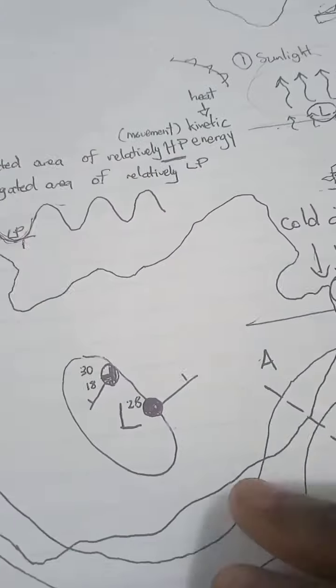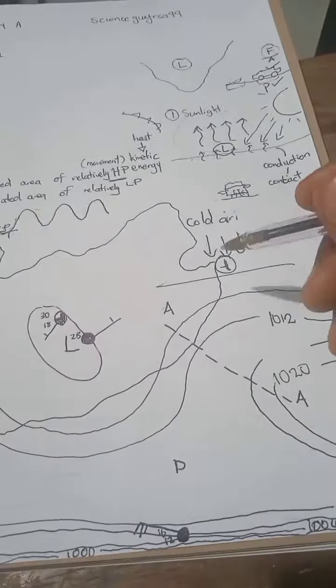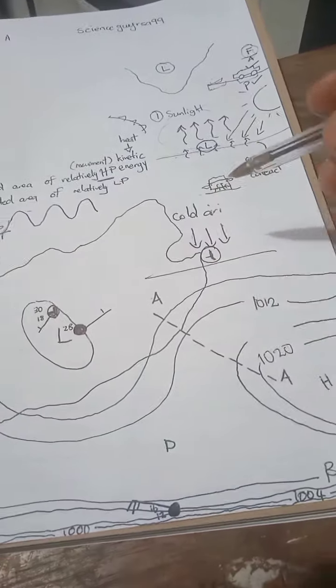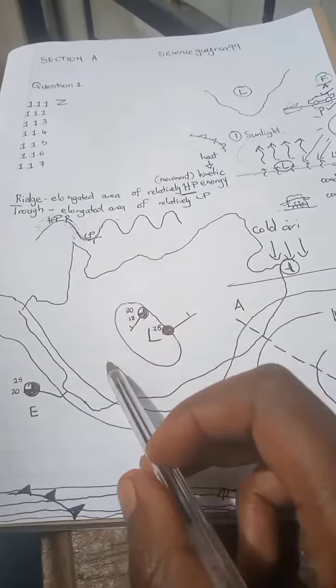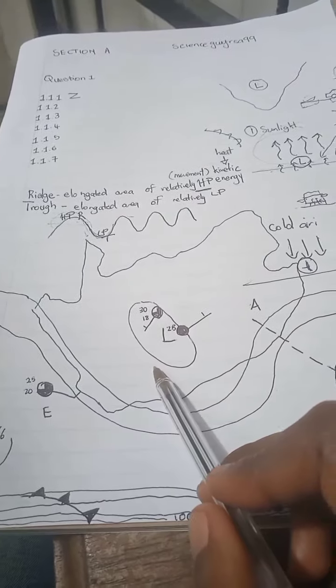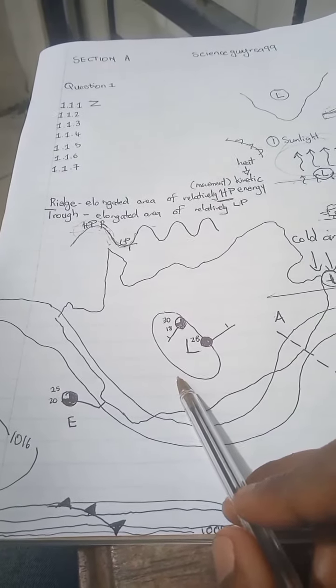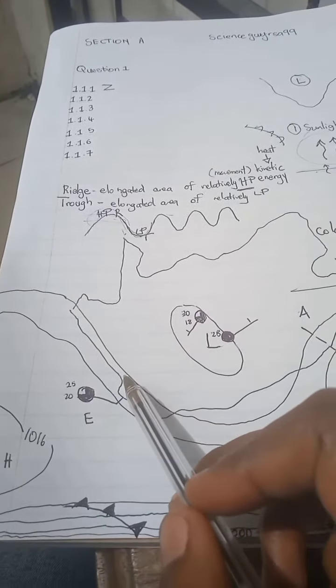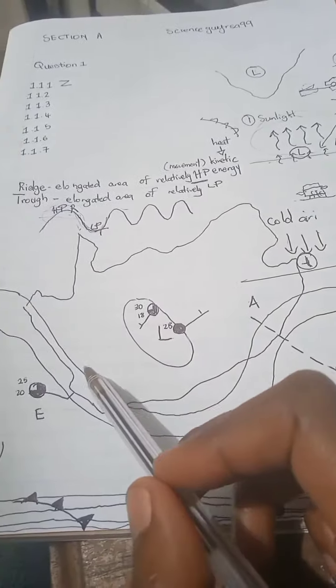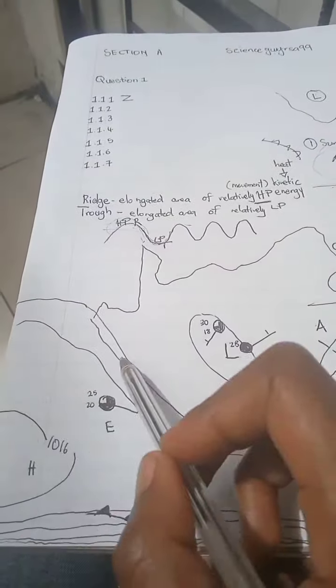Okay, so looking at this line, what's happening here? Okay, so what do we see? Okay, so we see, this is a low pressure. And of course from the area of the low pressure, it then increases. Okay, the pressure increases going on to the high pressure.